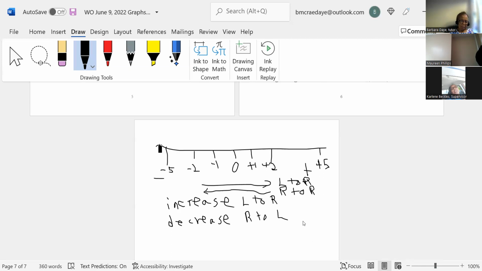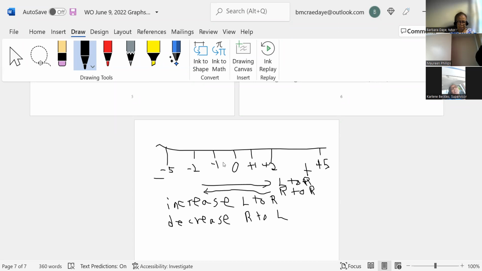Yeah, the number line is a good visual representation of how you show that the negative numbers are smaller. Even though the absolute value may be larger, the number is actually smaller. In other words, a -5 is smaller than a -2.